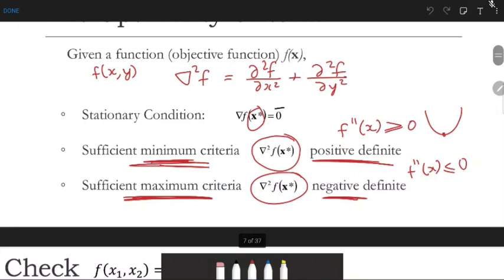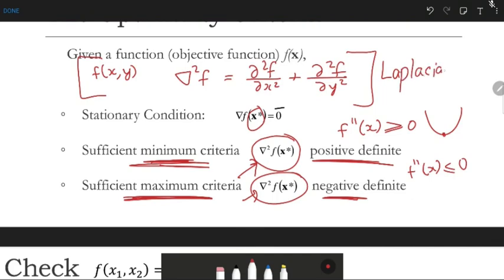I think this person is trying to denote the Hessian matrix. Same notation but different meaning. This is the Laplacian. I think this is the Hessian.